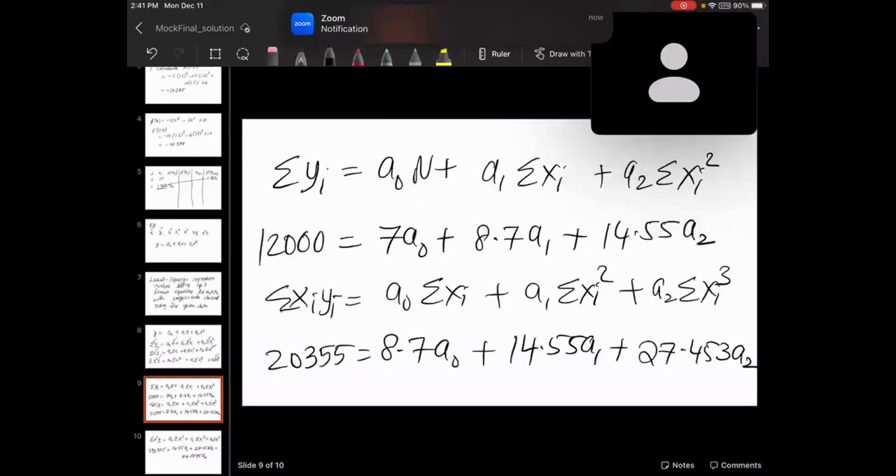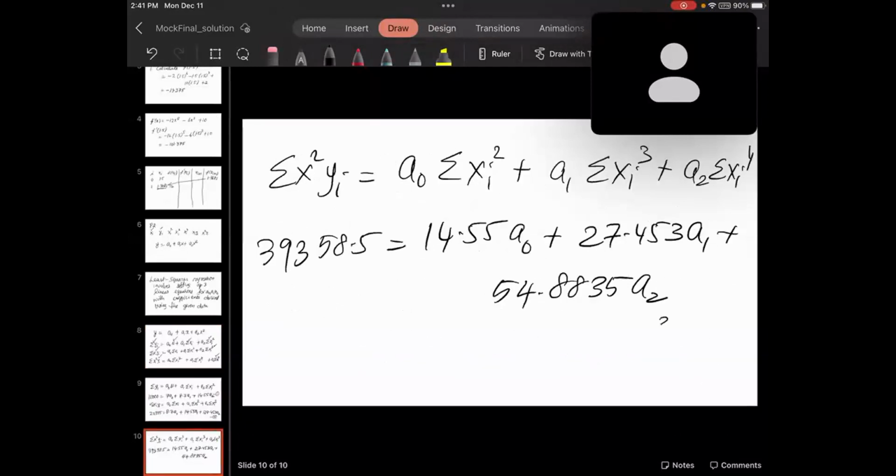Here's the first equation, here's the second equation, and here's the third equation. You need to solve for a0, a1, a2. Not that complicated. You can easily do that.